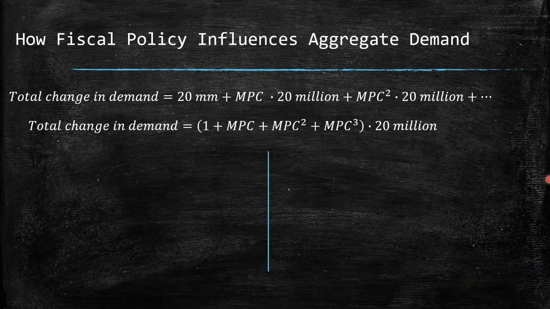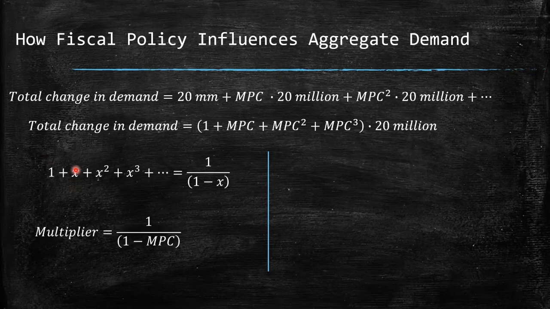You imagine that it would be infinite, but actually it's not, because when we factor this out by MPC, we have this expression, which is exactly the same expression as this one. If you change x by MPC, then the multiplier is exactly equal to 1 over 1 minus MPC.